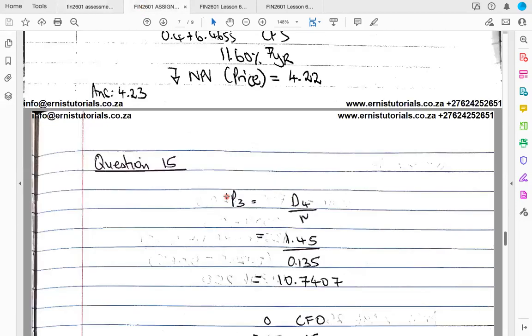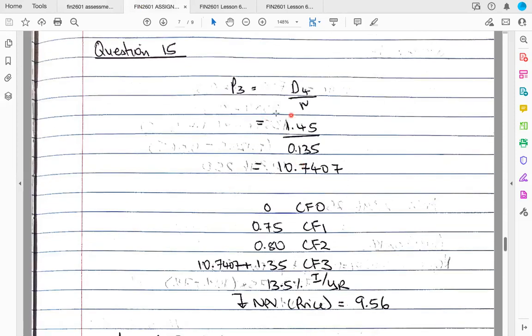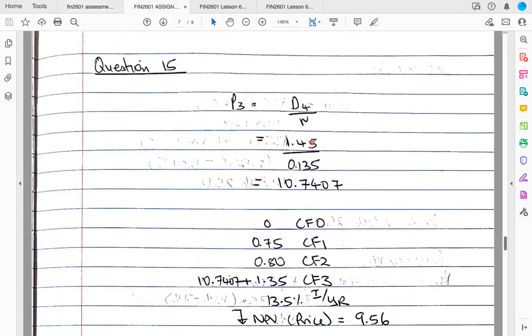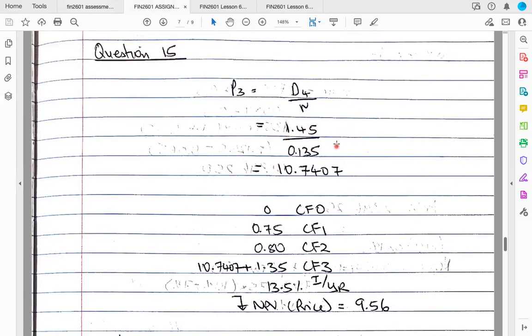We said we're on question 15. The solution here, of course, I've got a lot of steps, but basically this is D1, this is D2, and then this is D3 plus P3, and then I discounted and I got my price. So remember, this is P3.